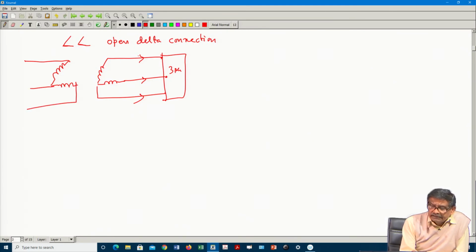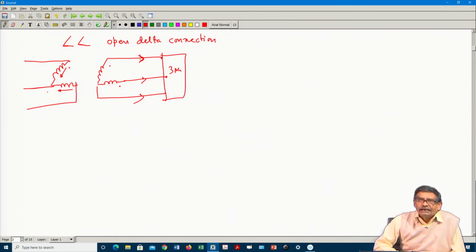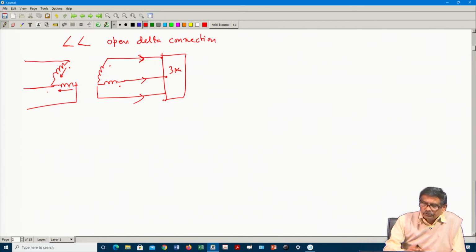Therefore, this current, if this is dot, will have a reflected component here, and this current, if this is dot, will have a reflected current there, and the ratio will be there, and the sum of these 3 currents will once again be 120° apart. So, line currents on the primary side will also be balanced. This we have explained in our lecture class, please go through it.